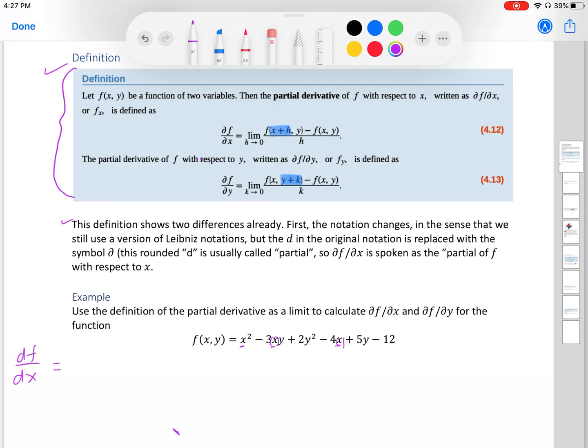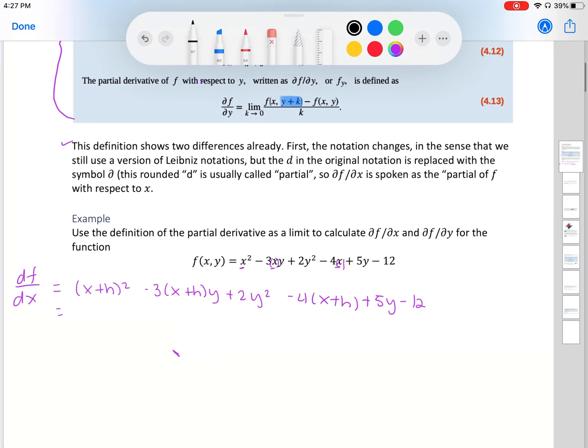So that we have (x plus h) squared minus 3 times (x plus h) times y plus 2y squared minus 4(x plus h) plus 5y minus 12. Okay, let's clean this up. If we square that binomial, we're left with x squared plus 2xh plus h squared.